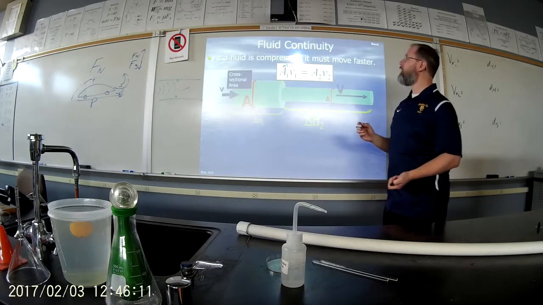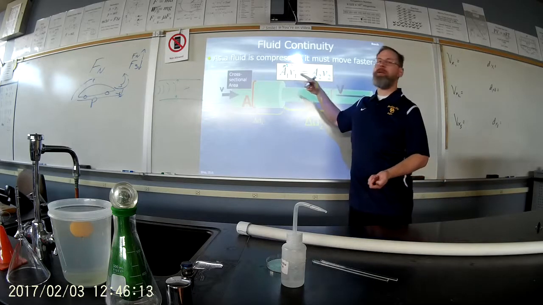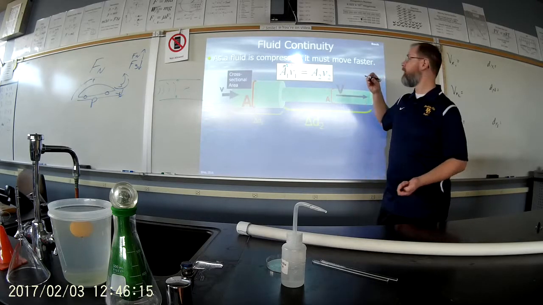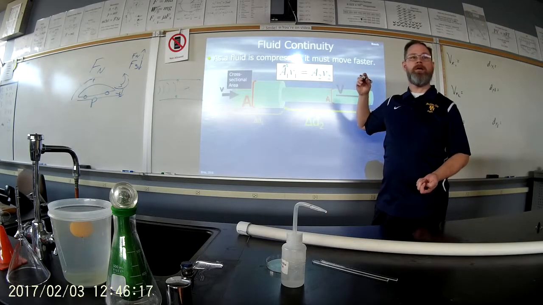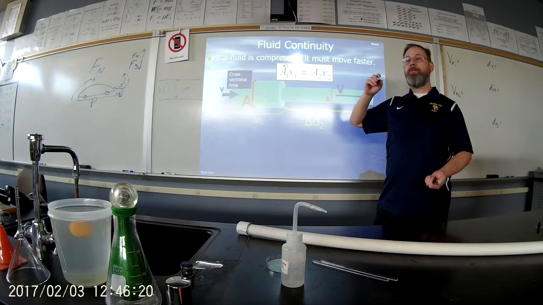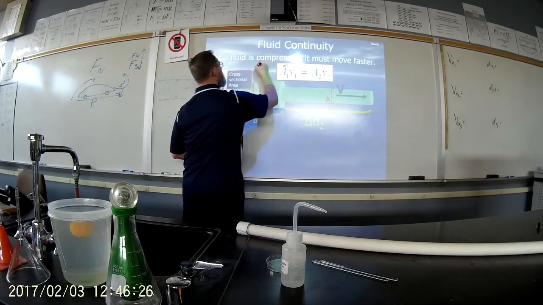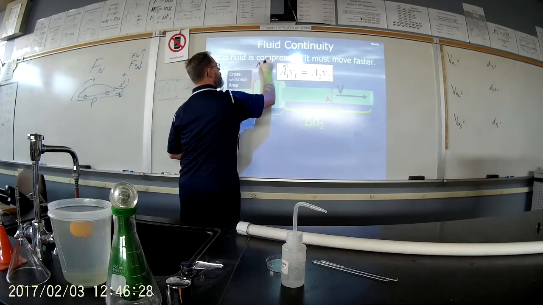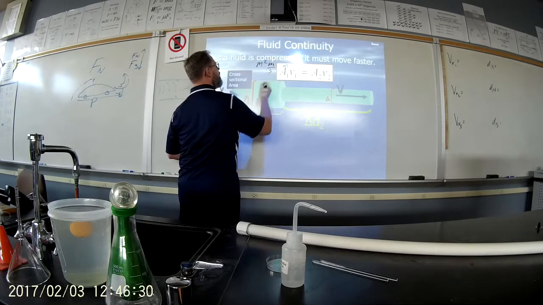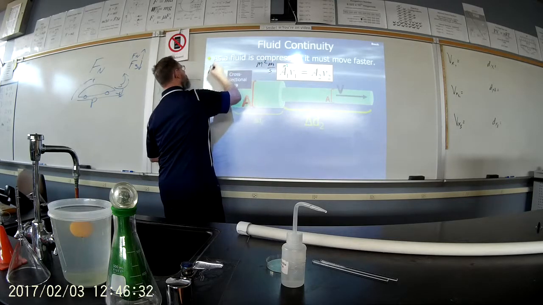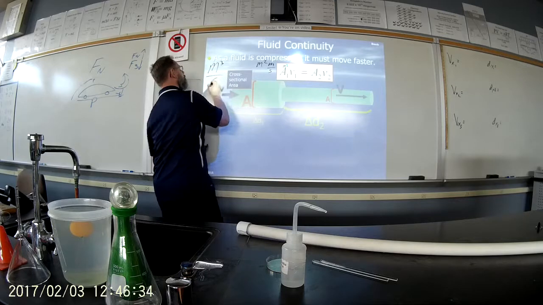So what unit do we have when we multiply A by v? Cubed. Yeah. Meters squared times meters per second. So the unit we really have is cubic meters per second.